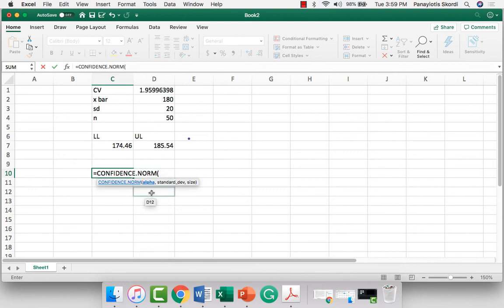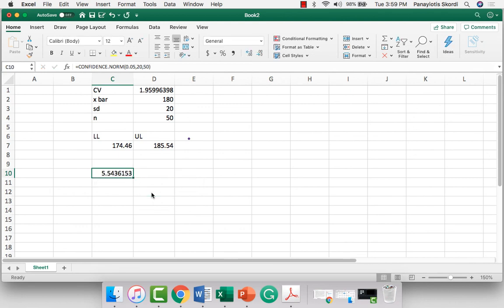And so what is alpha? Alpha is 0.05, and then it asks for the standard deviation, which was 20, and then it asks for the sample size, which was 50. And it gives us 5.54.